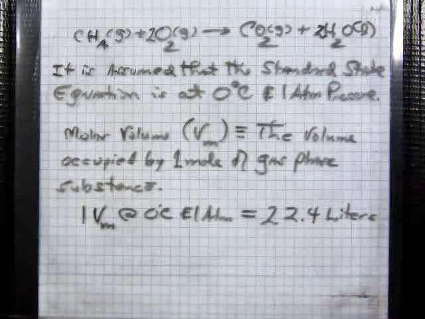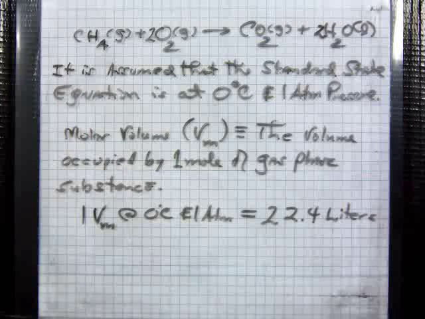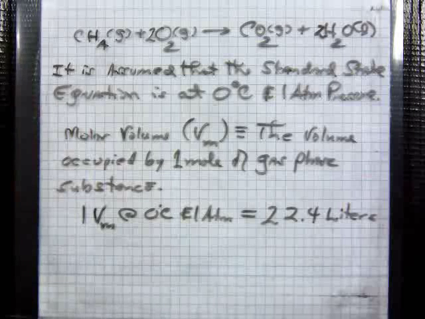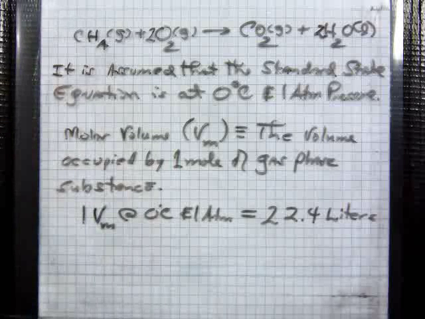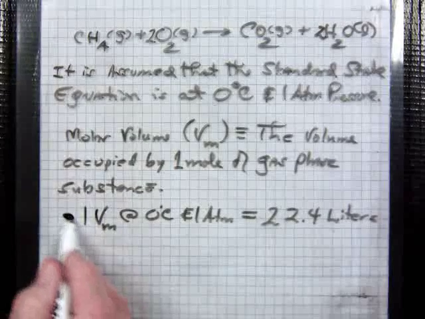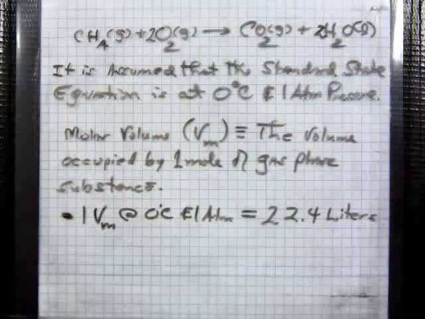Now, if you're not at 0 degrees and 1 atmosphere, the gas is not going to occupy 22.4. If you're warmer than that, gas expands, so you have a bigger number. If you're colder than 0 degrees, minus 10, you have a smaller volume. And so that, in essence, is the reason we specify this at 0 degrees, so there's a place to start in the quantitative analysis of an equation.